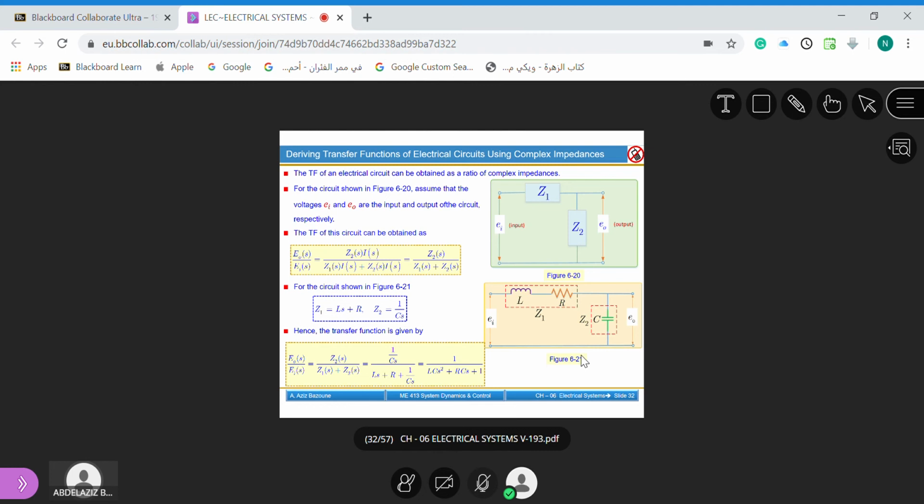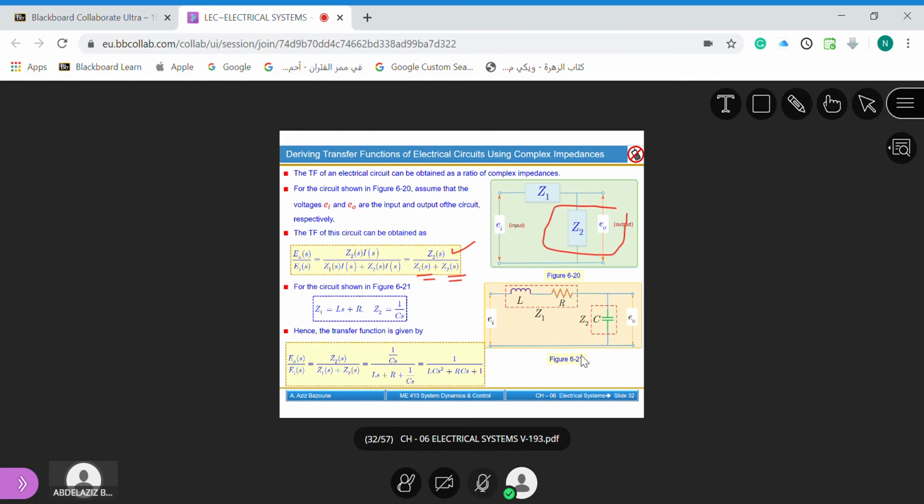If you take the Laplace transform of the output over the input, the output is Z2 I(s). And the input will be simply Z1 I(s) plus Z2 I(s), and you will get the output over the input is simply Z2 over Z1 plus Z2.